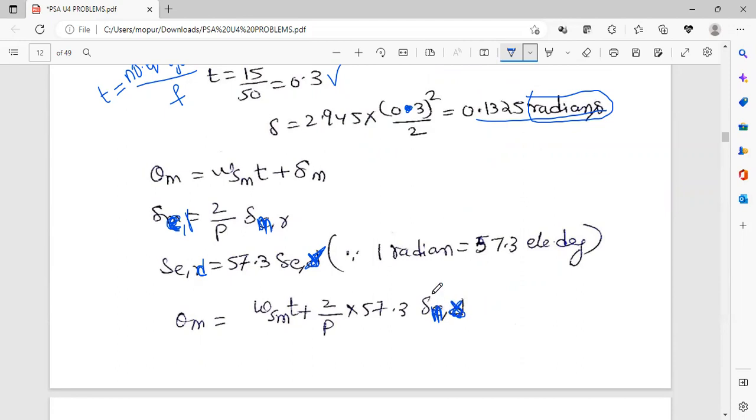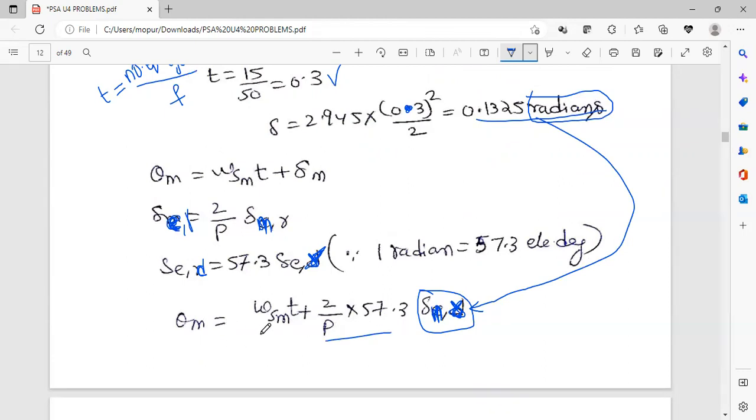So you substitute this mechanical radians that you have got here. This mechanical radians into 2 by P will give you the electrical radians. Electrical radians into 57.3 will give you the electrical degree. So we will get this term.